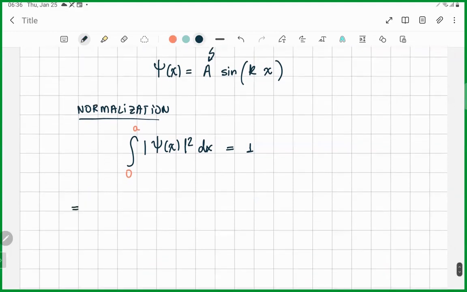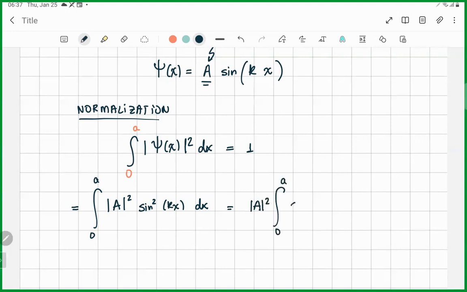We have here the A, so I'm going to put absolute value squared, not just A squared. So I'm being very careful here because in principle, this A could be a complex number. The wave function can be complex. And what else do we have? Sine squared of kx from 0 to a. This is what we have to solve. Let me put this A outside the integral because it's a constant. And what we have to solve is this sine squared.